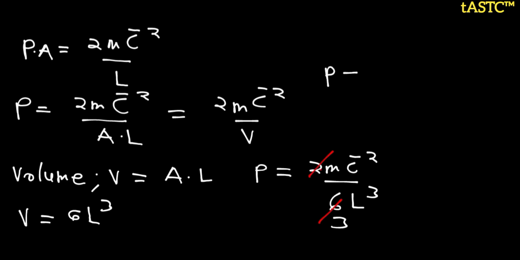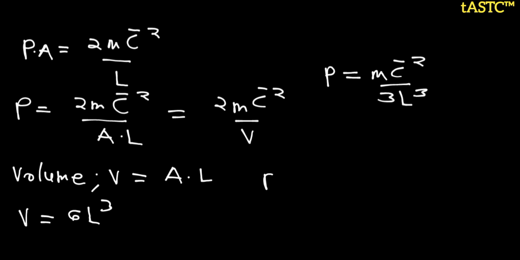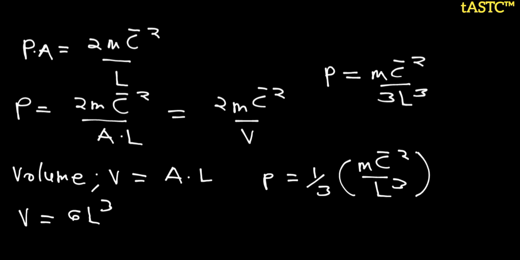So that means we have P is equal to m c bar squared, well, that should be divided by 3L cubed. So I'm actually going to rewrite this, and I will take it to this form. So P will be equal to a third of this stuff, m c bar squared divided by L cubed. Now what is L cubed? We know that L cubed is going to be the volume, because here we're going to have meter cube as the unit of this operation.